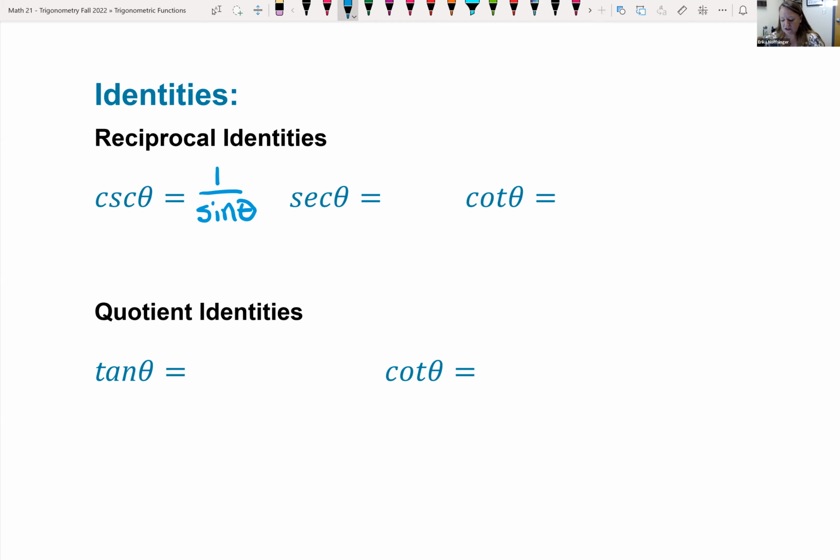So if that's true, and cotangent theta is the reciprocal of tangent theta, then cotangent theta is going to be cosine theta all over sine theta. So if we know sine theta and cosine theta, we can always find the rest of the trigonometric functions.